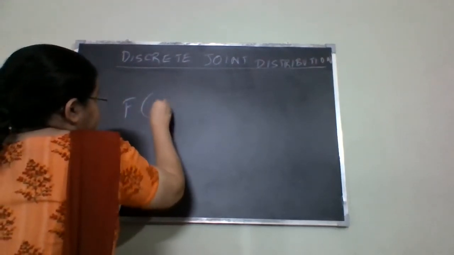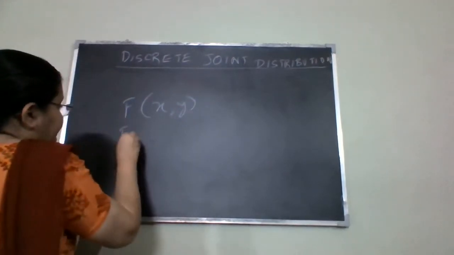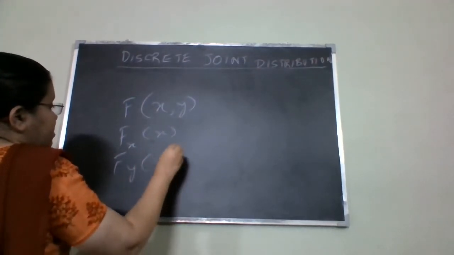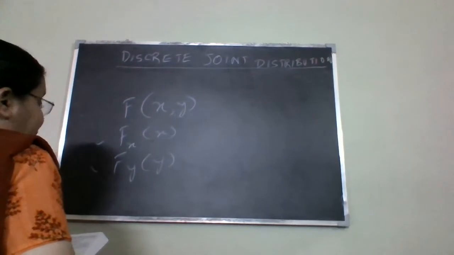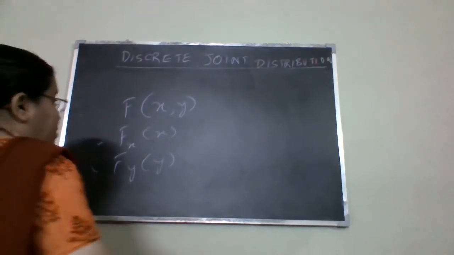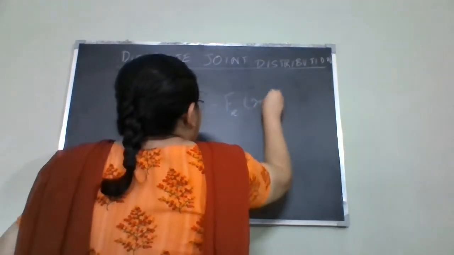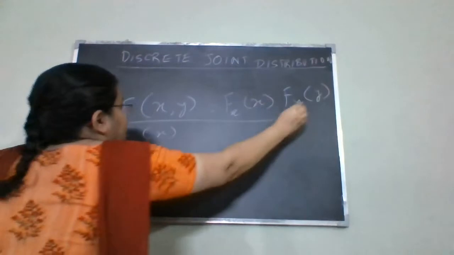We have just studied F(x,y), and we have also studied F_X(x) and F_Y(y). So for any two independent random variables X and Y, F(x,y) has to be the product of these two, F_X(x) dot F_Y(y). So this is the theorem.